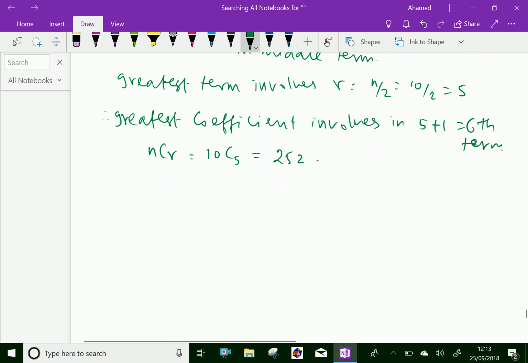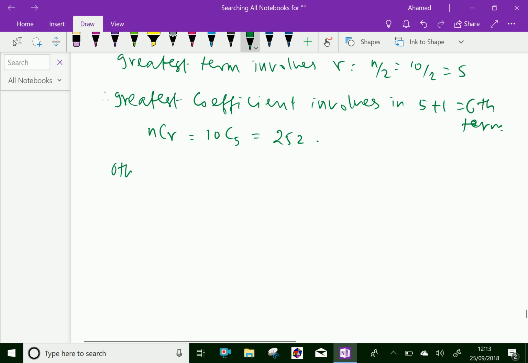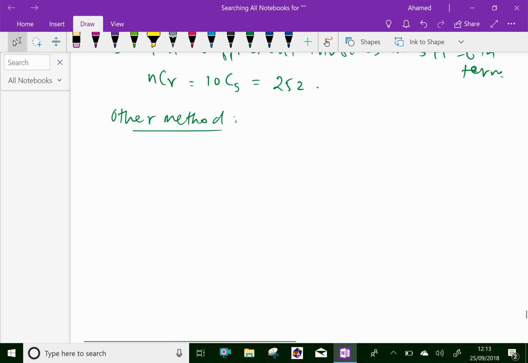Then this can be done in another method also. Here let T(r+1) have the greatest coefficient. Then the coefficient of T(r+1), the greatest term, is greater than the coefficient of T(r).